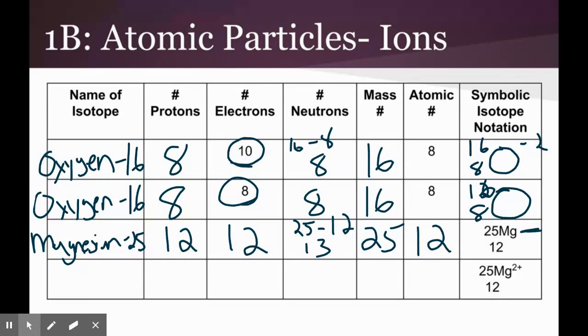Okay, so now the only thing that will be different here is the number of electrons, because it's magnesium, which means the atomic number and number of protons is the same, and the mass numbers for both of these are the same. So that means the neutrons will be the same as well.